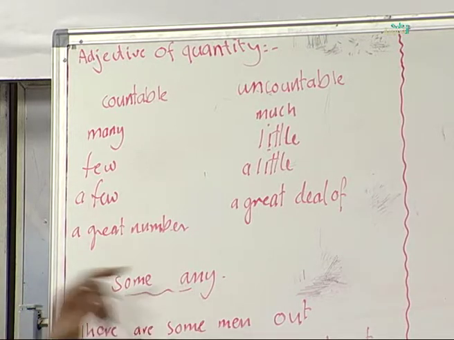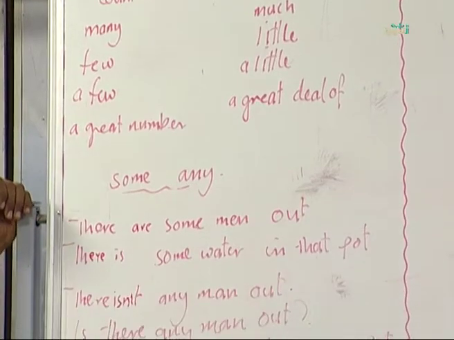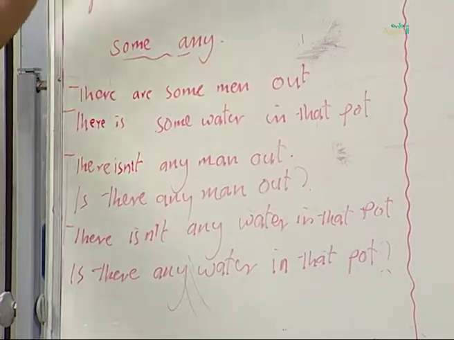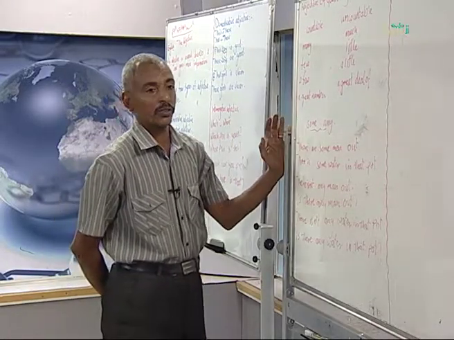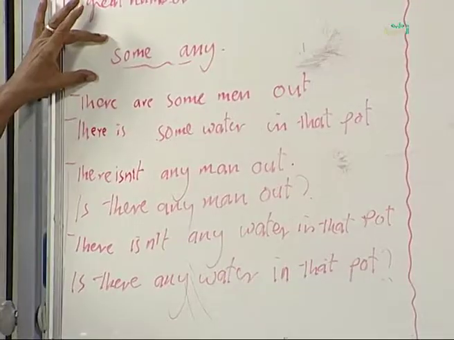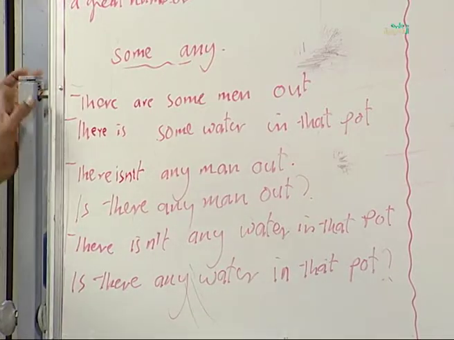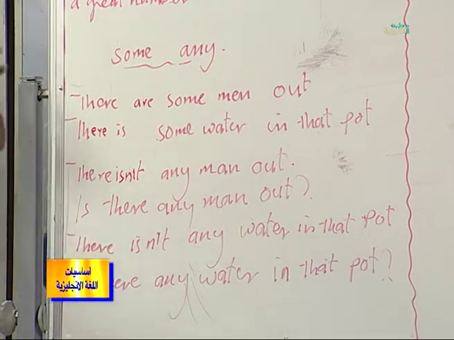Some and any. These adjectives can be used with countable nouns and uncountable nouns. But the difference between them is that some is used for affirmative sentences. Any is used for negative and interrogative forms.